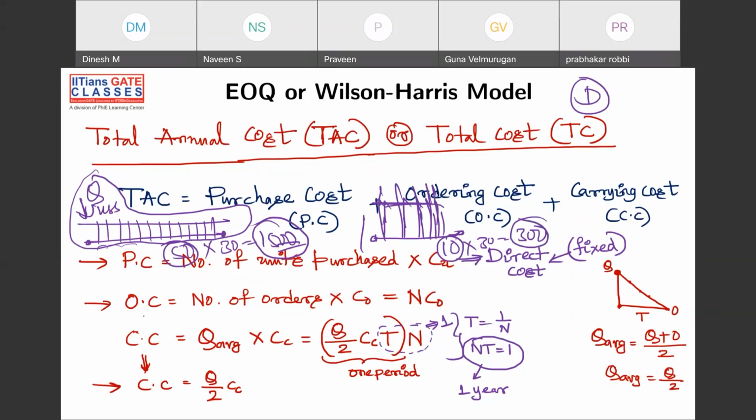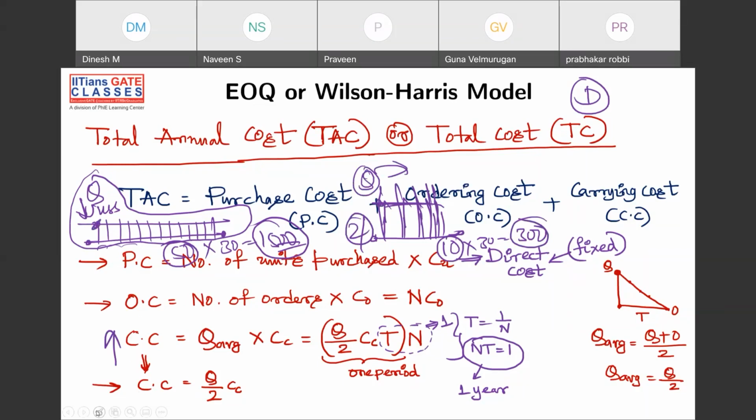But if you order more, the quantity has to be kept in the garage. So your carrying cost will go up. In the second case, carrying cost will go up because more quantity is there. The person will charge you more. If less quantity is there, the person will charge you less.